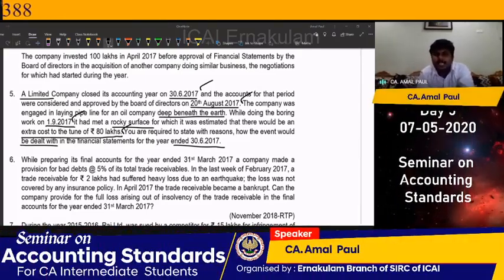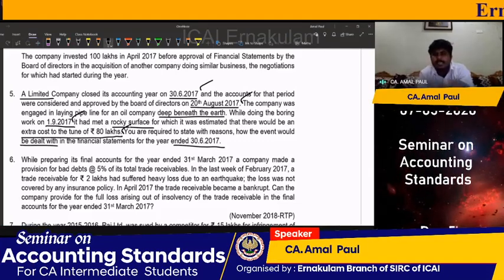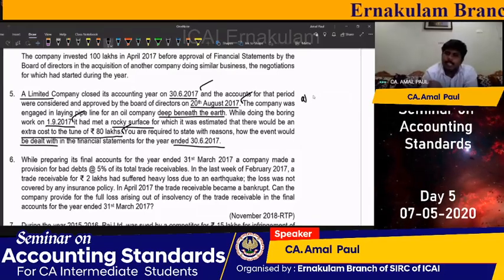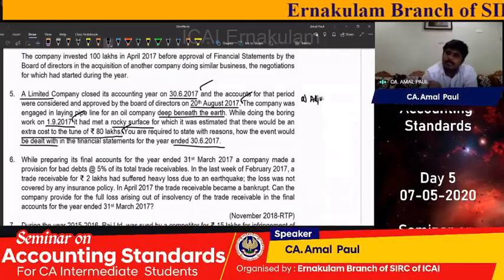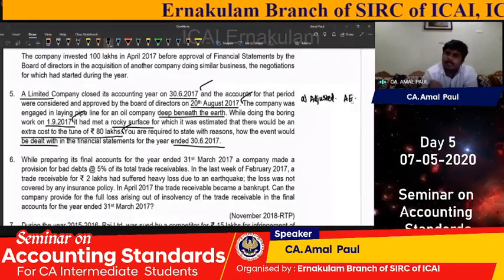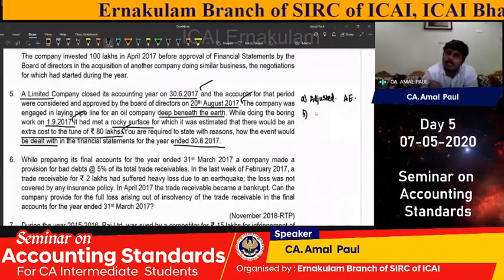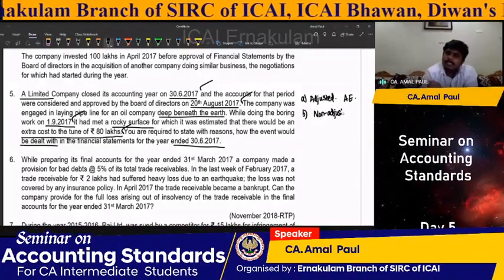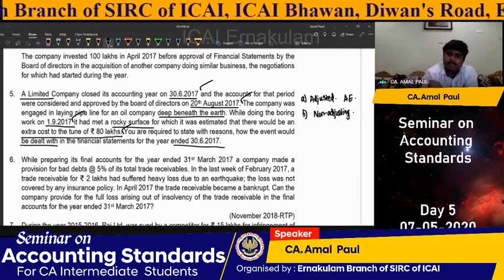So how will this event be considered in the financials? We have three options. A, it will be adjusted in the financial statements as it is an adjusting event. Second, it will not be adjusted, as it is a non-adjusting event.